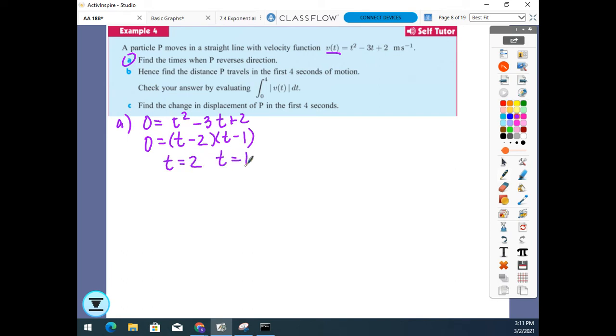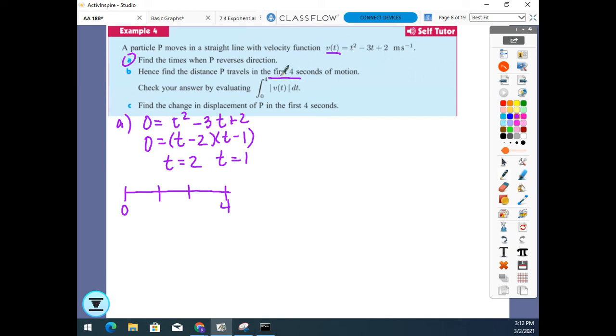So the two values at which the particle changes direction are time 1 and time 2. Now, this is looking at the first 4 seconds. What I need to figure out is what direction the particle is going every time it changes direction. I'm going to start at 0.